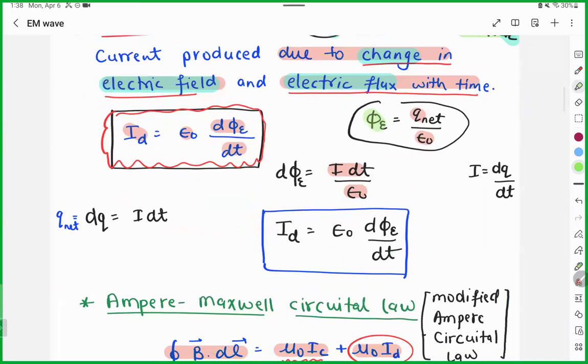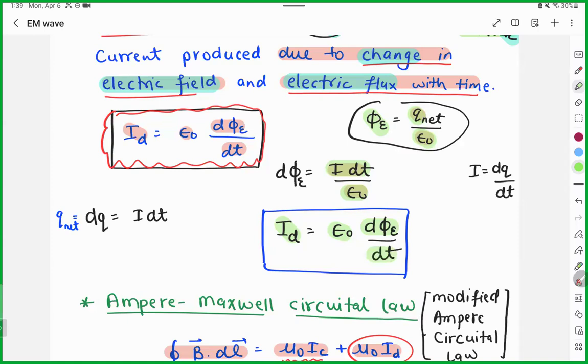We know the electric flux formula is net charge present divided by epsilon naught. So what will be the change in the electric flux? Charge can be written as I dt, so flux is I dt by epsilon naught. So what will be the current value in this case? I on one side, epsilon naught goes to the other side: I equals epsilon naught d phi_E by dt. Make sense, guys?